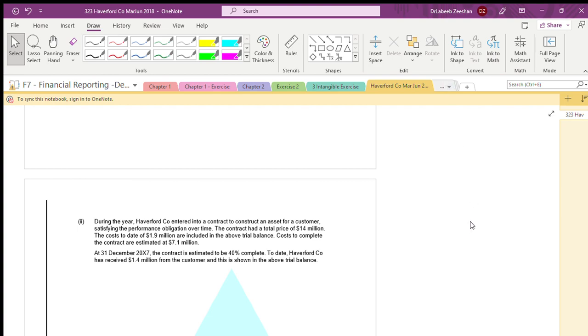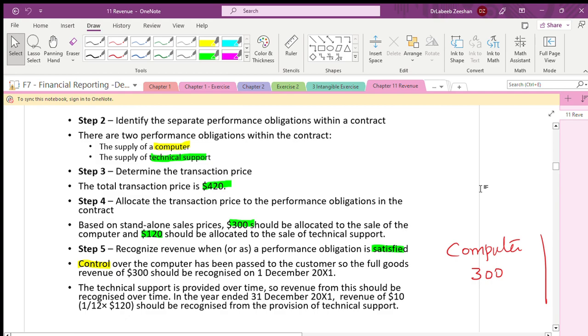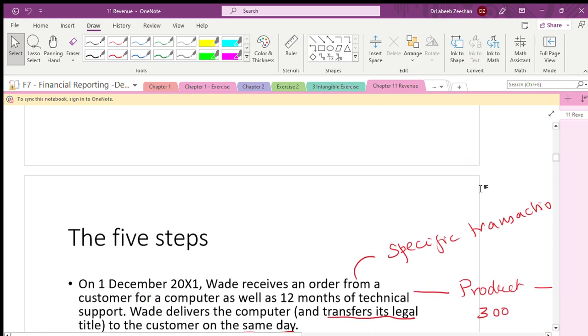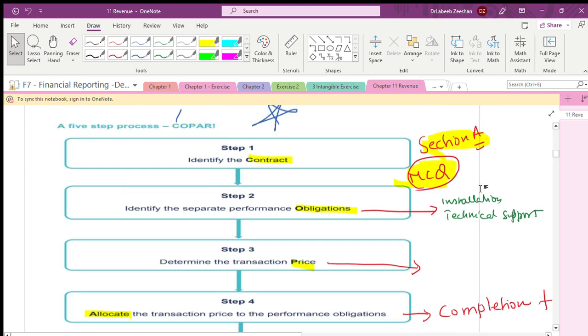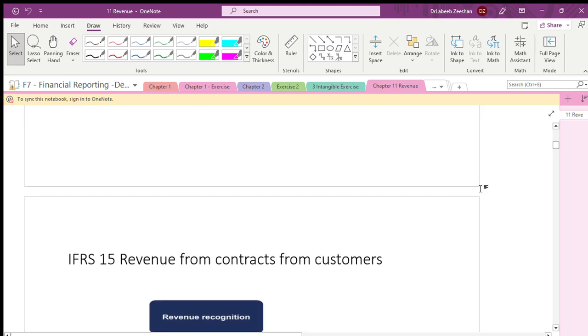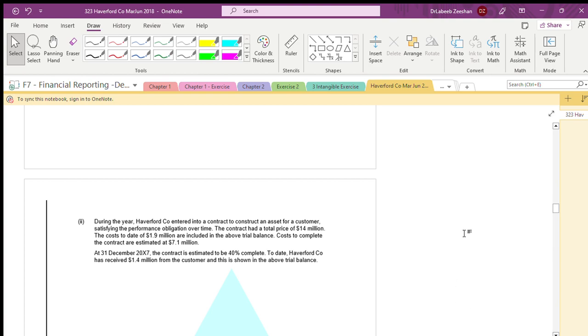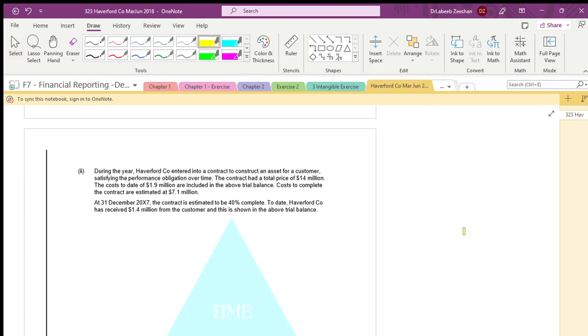Yes, IFRS 15, Revenue from Contracts with Customers.